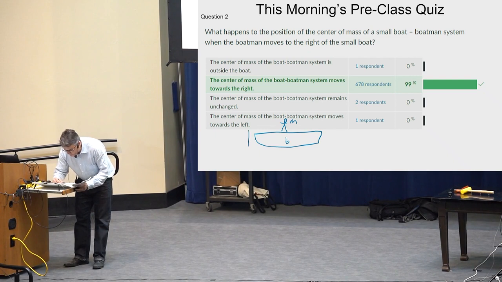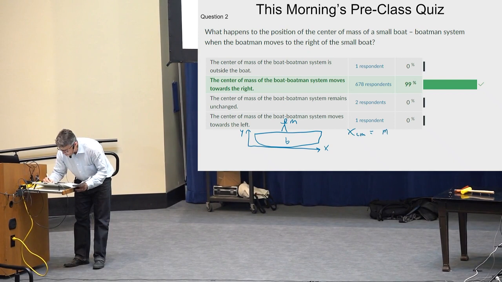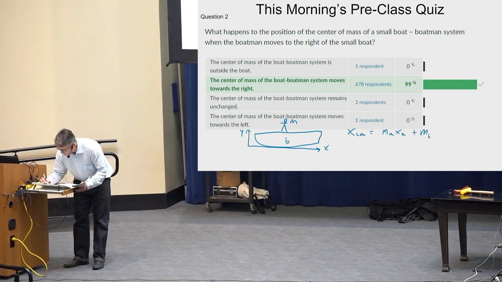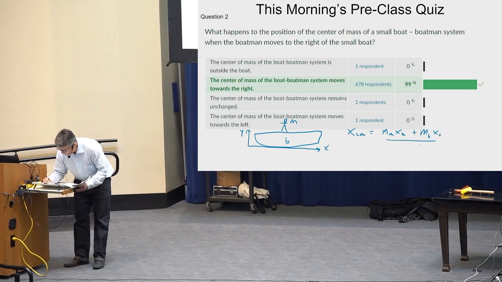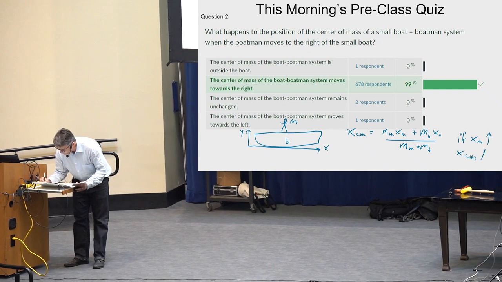First step is to define your axes, set your X and Y. Basically the center of mass of the boat and man system is the mass of the man times X of the man plus the mass of the boat times X of the boat, divided by this sum. So if the person goes to the right, then the center of mass will go up as well.